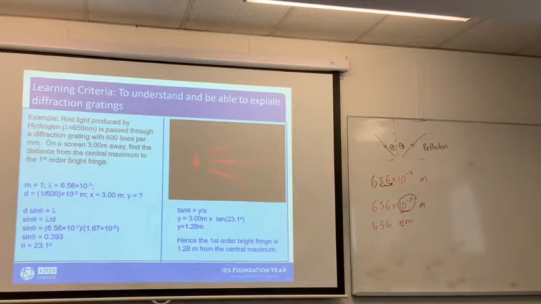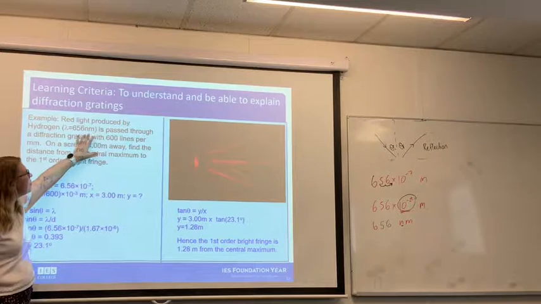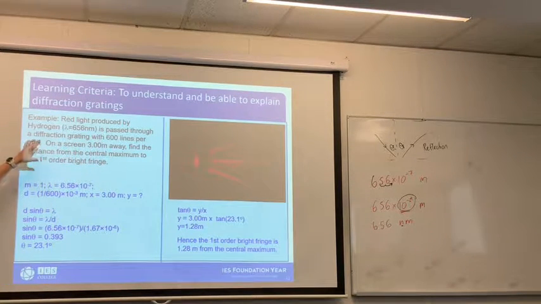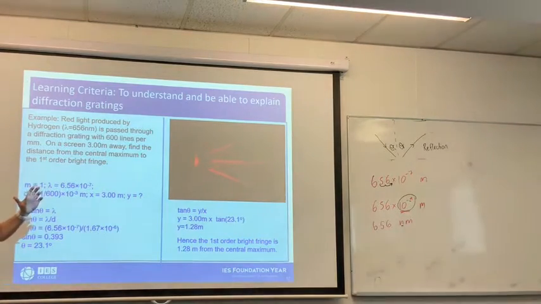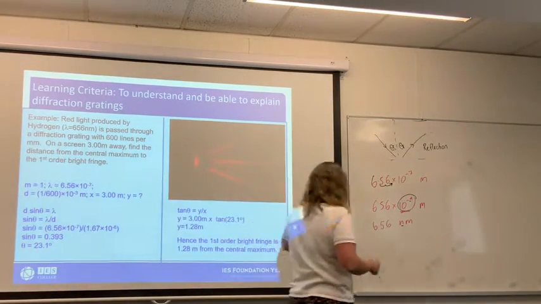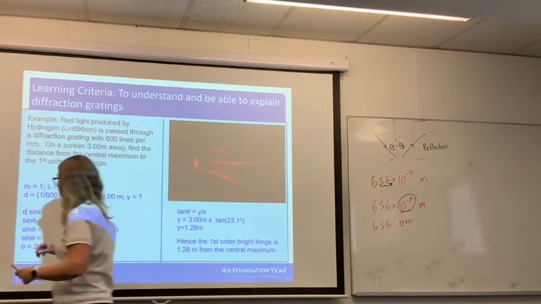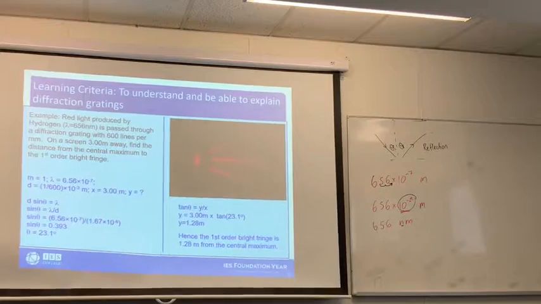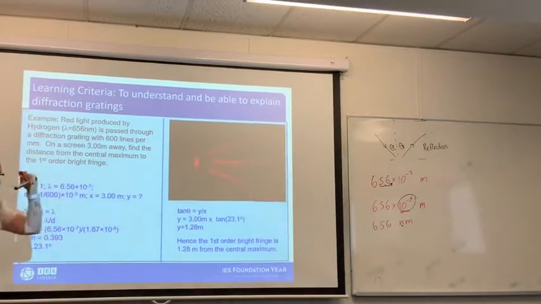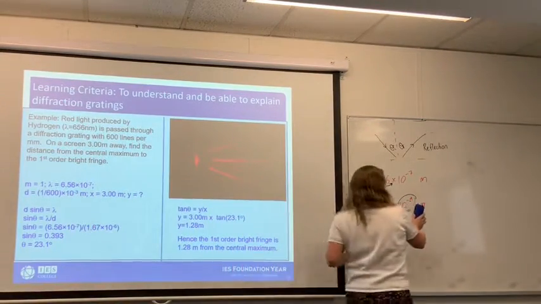So here, if I look at this example: red light produced by hydrogen with a wavelength of 656 nanometers is passed through a diffraction grating with 600 lines per millimeter. So what it's saying is that there is, can you guess it, 600 spaces for every 1 millimeter.